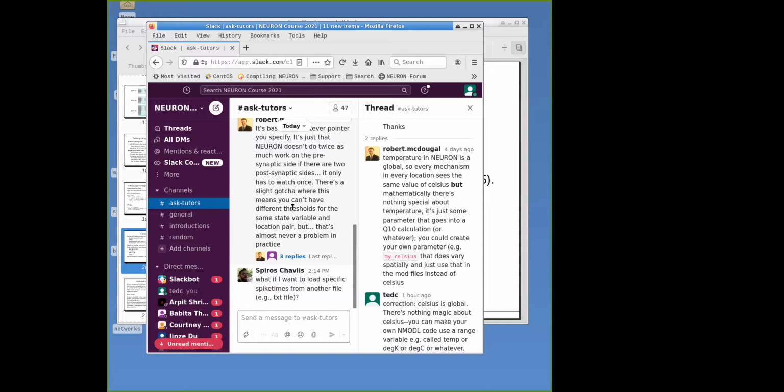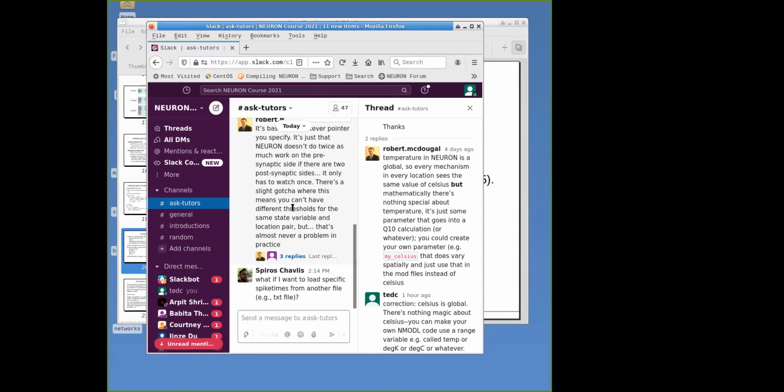Strictly speaking, is it the location or is it the pair of the location and the variable? So for example, one of the things that I use is I use NetCons to monitor calcium crossing a threshold. Oh, well, it's the variable, of course.